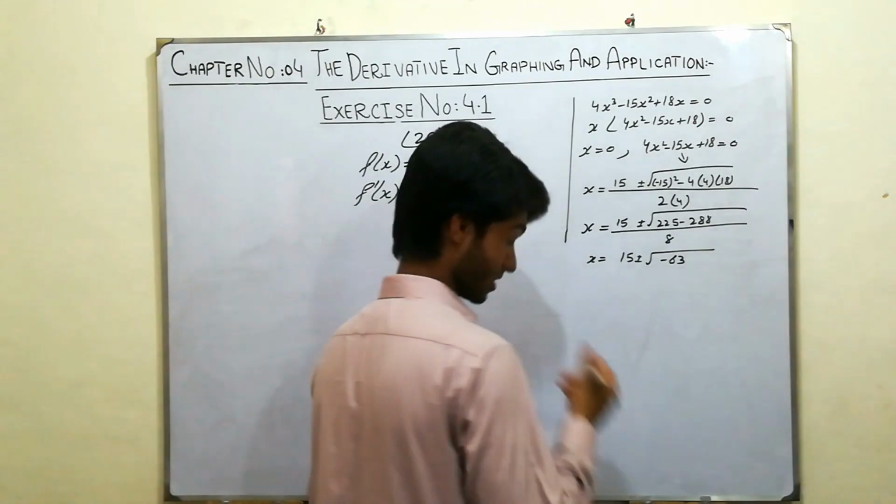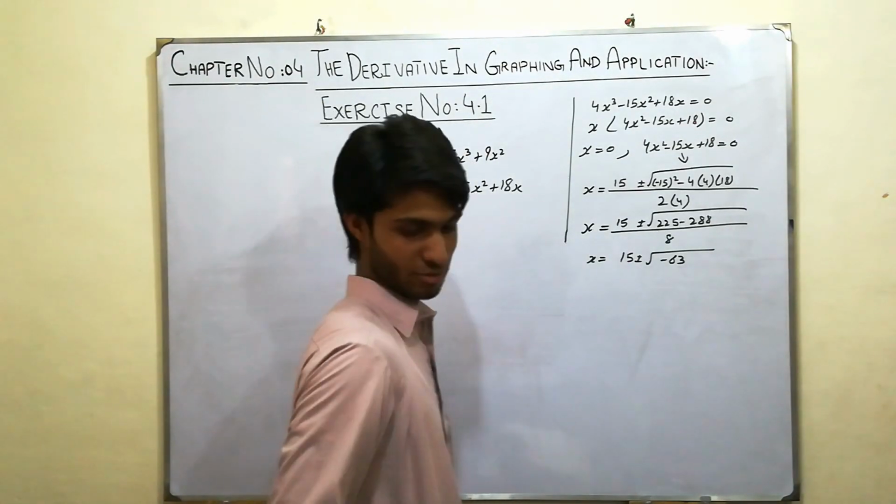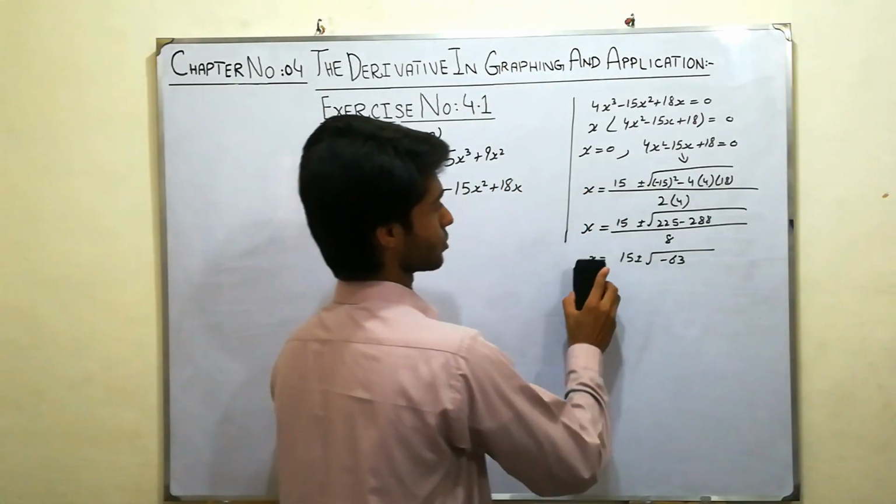That is minus 63, which means an imaginary value. We can't take an imaginary value, so we only take x is equal to 0.